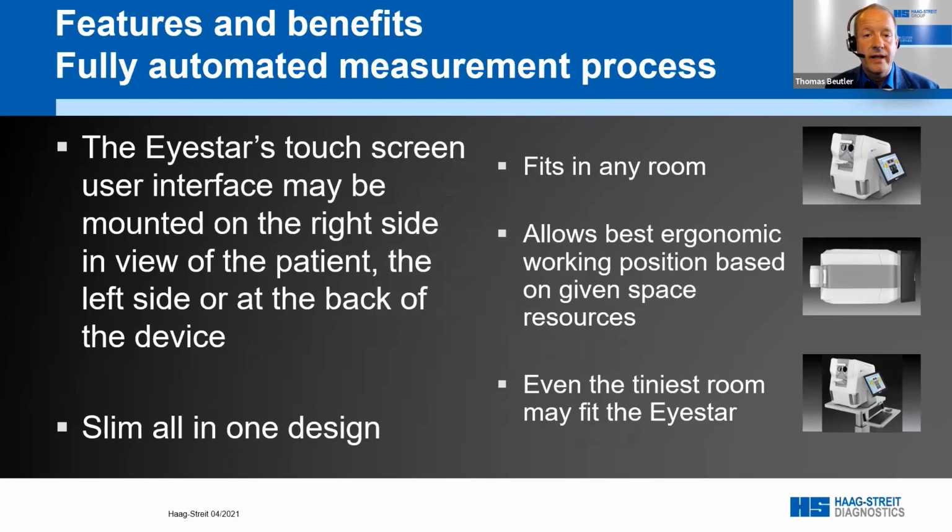We also provide a table to the unit, height adjustable table with a little support for a keyboard and a mouse if you want to use keyboard and mouse. If you combine it with your EMR system, you might not even have a need for keyboard and mouse. But if yes, then you can also have this on the table itself. It's slim design, it's space saving, and fits any room.